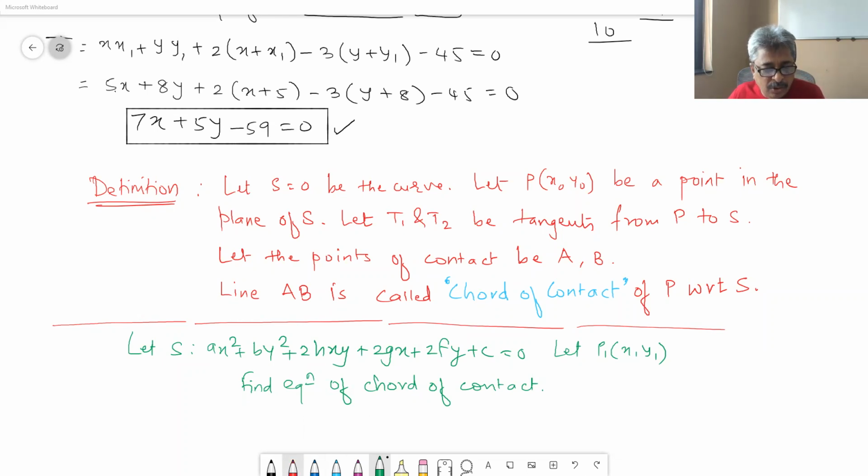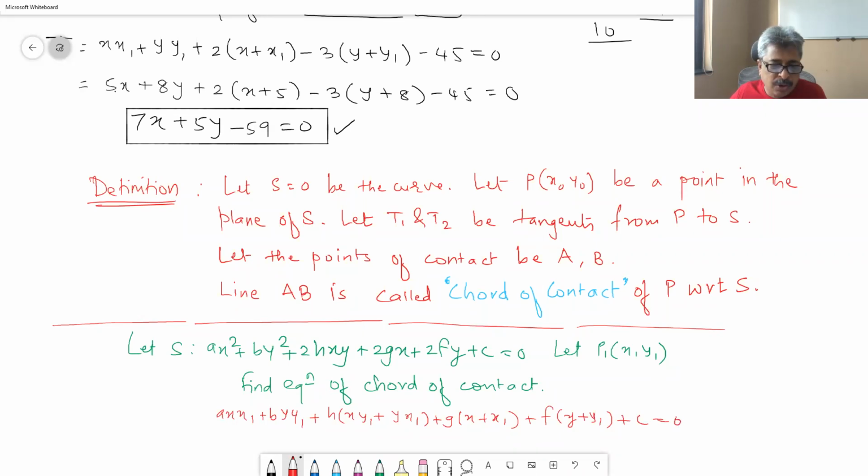So our answer is going to be eventually ax x1 plus by y1 plus h into (x y1 plus y x1) plus g into (x plus x1) plus f into (y plus y1) plus c is equal to 0. This is going to be the equation of chord of contact, which is T is equal to 0. That is precisely what we wish to do. Let us do it.